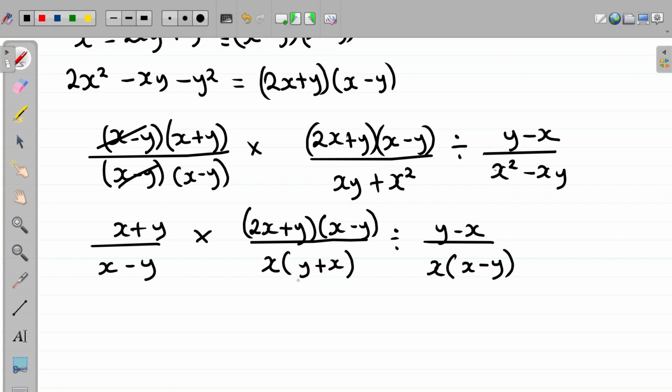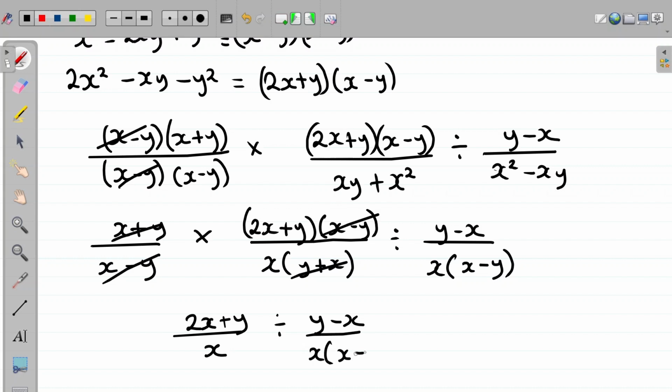At this point, looking at our expression, y plus x can cancel out x plus y. Also, x minus y can cancel out x minus y. So we'll be left with 2x plus y divided by x, all divided by y minus x divided by x open bracket x minus y.